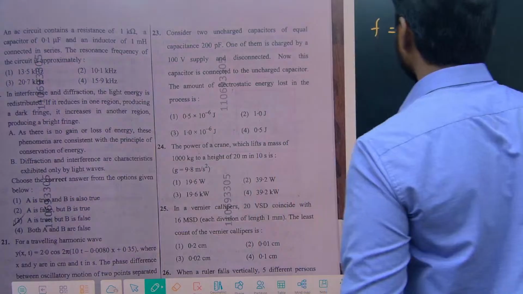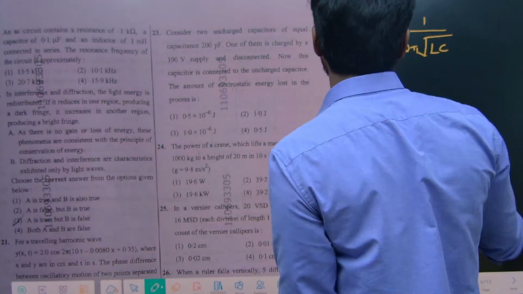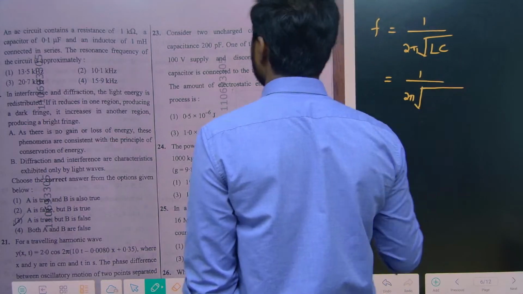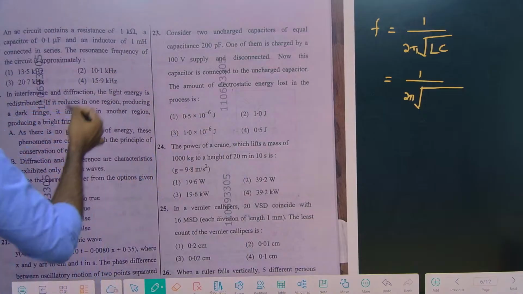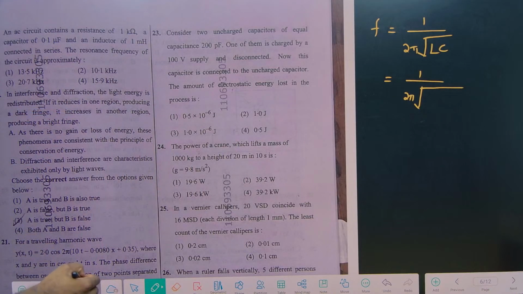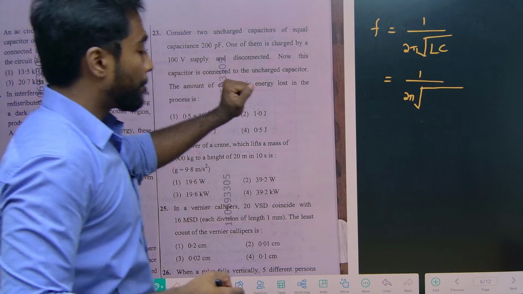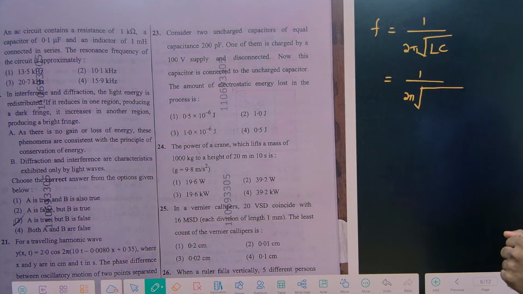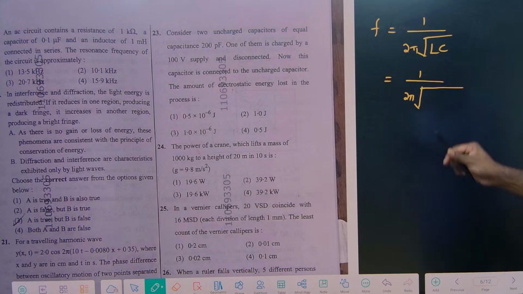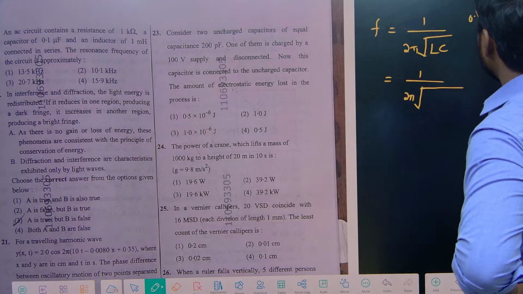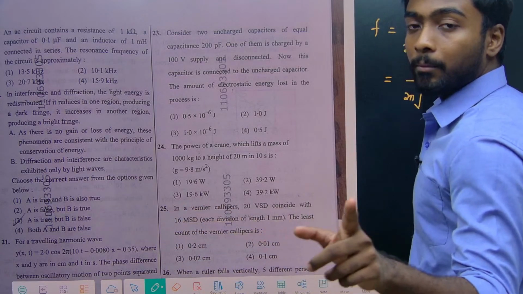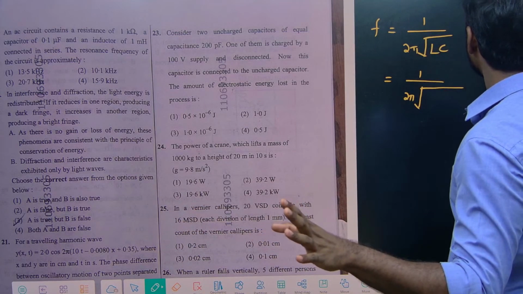The inductor and capacitor are given. So 1 by 2 pi root over how much? 1 microhenry and 0.1 microfarad are given: 10 power minus 6 and 10 power minus 3. 0.1 into 10 power minus 6, I can write 0.1 as 10 power minus 1, which is 10 power minus 7.